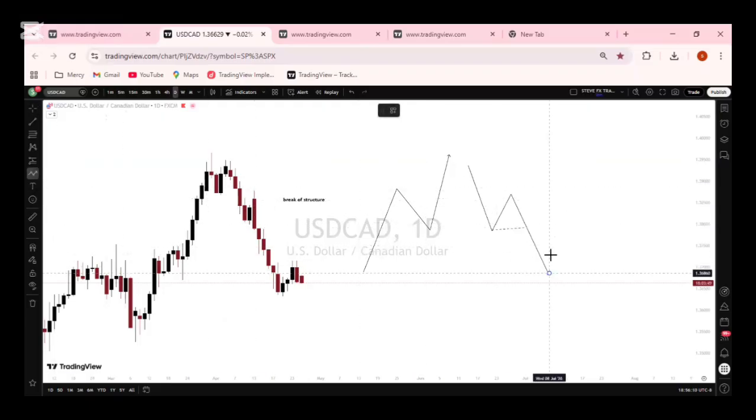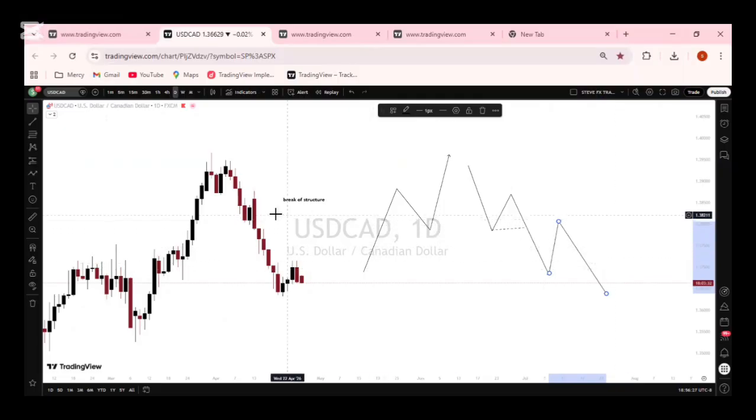So we may see a retracement, then maybe another break of structure. A continuous break of structure simply means the direction of the market is active, and also the momentum is very strong. That is it about a break of structure.